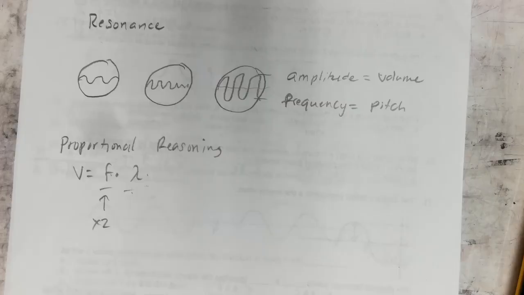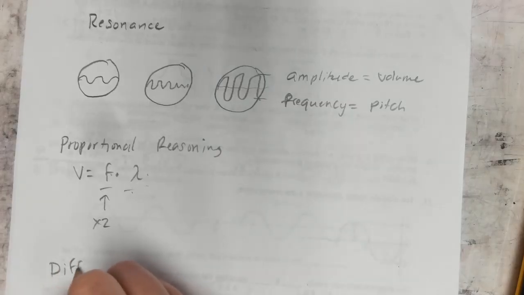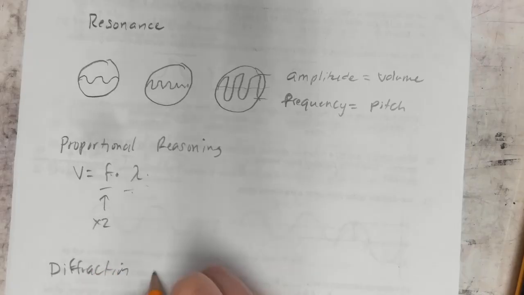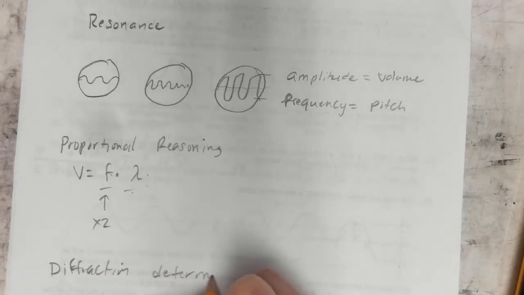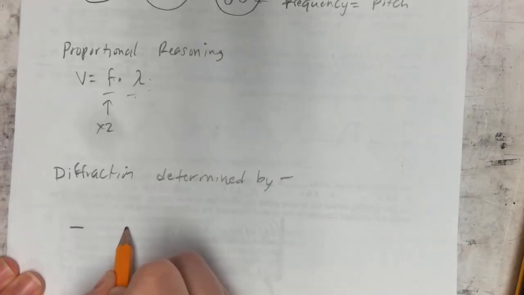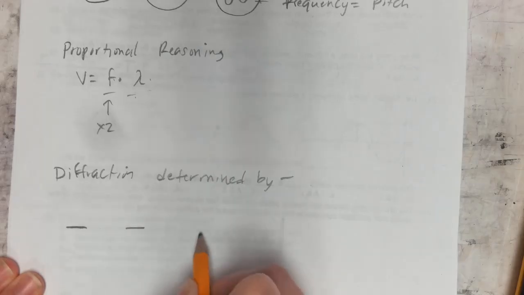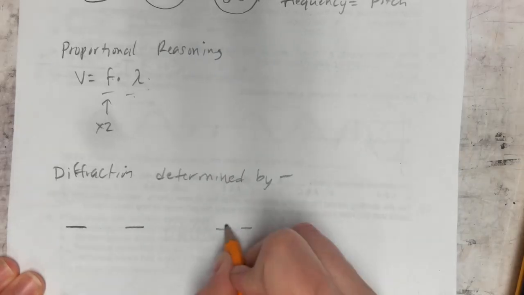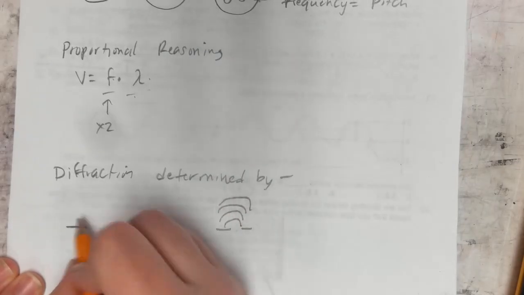The last thing is about diffraction. And again, the amount of diffraction that you have is going to be determined by the size of the opening. If you have a bigger gap versus a smaller one, you're going to have more diffraction here than you would here.